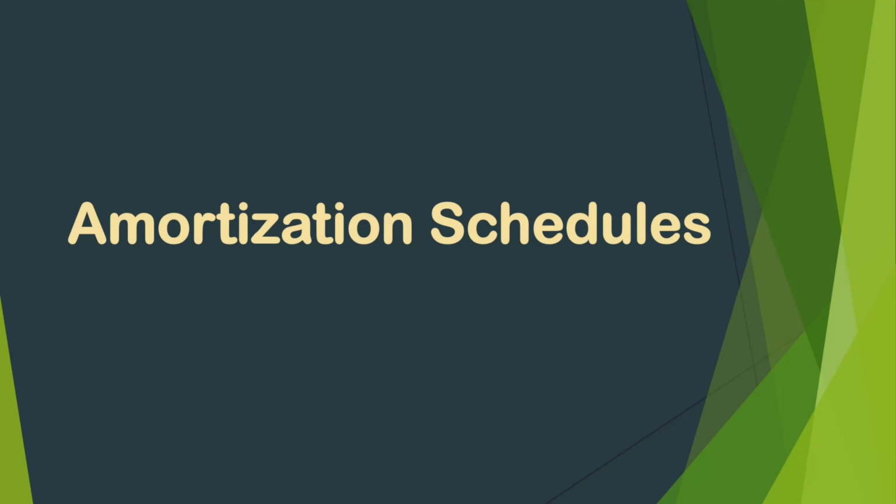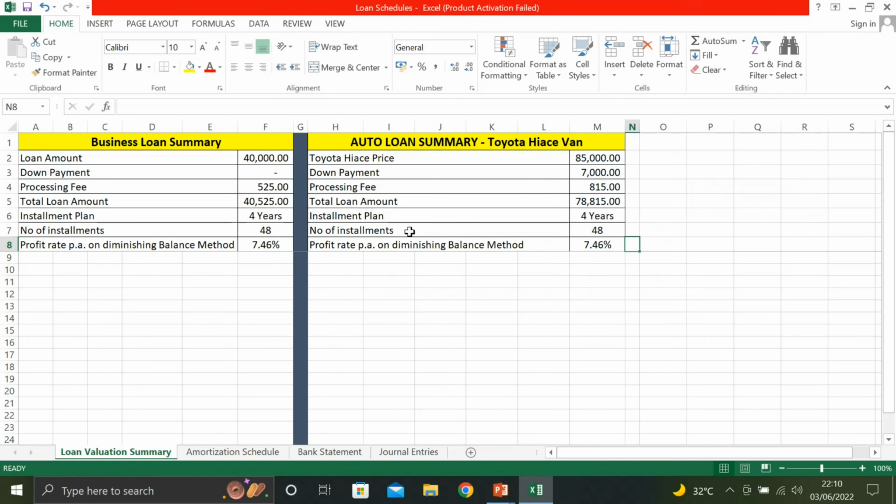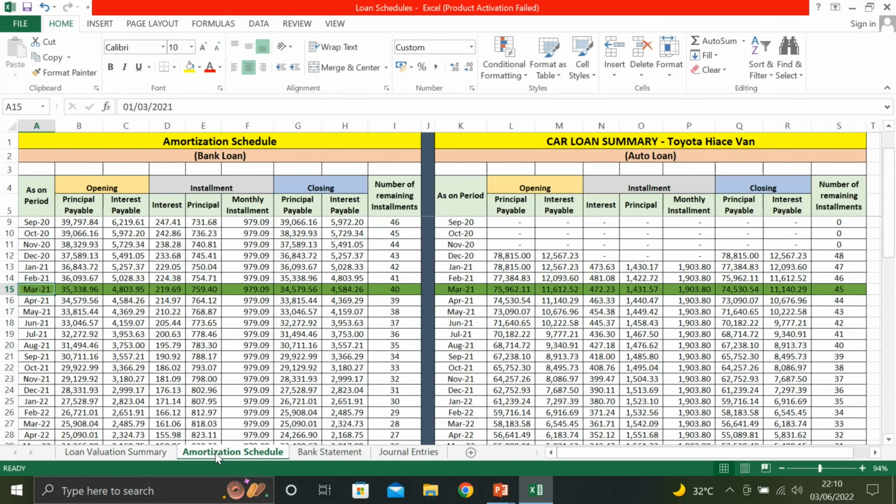What is an amortization schedule and why is it important to prepare it? So here in the same Excel file, next to this loan valuation summary, the next sheet is the amortization schedule. Here we have two schedules. One is for the bank for the business finance, and the other one is for the auto lease contract.